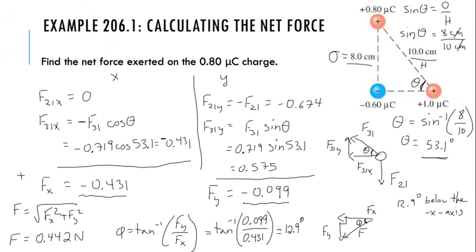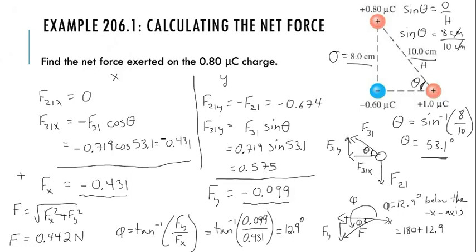Or what we could do, which is more typical, is define our angle from the positive x-axis all the way to our vector. That's going to be our phi. You can see from this picture that it means we have a straight line, which is 180 degrees, plus the 12.9 degrees.